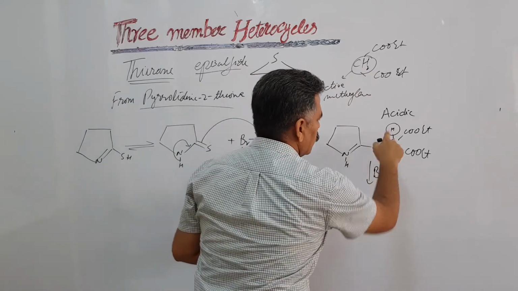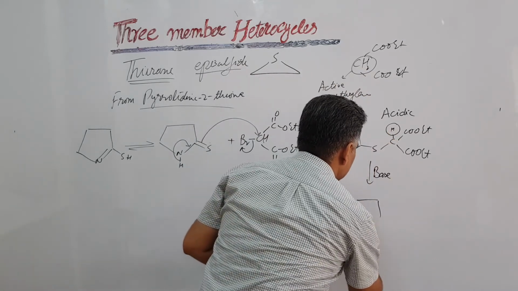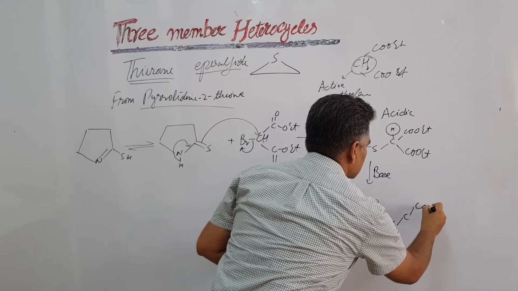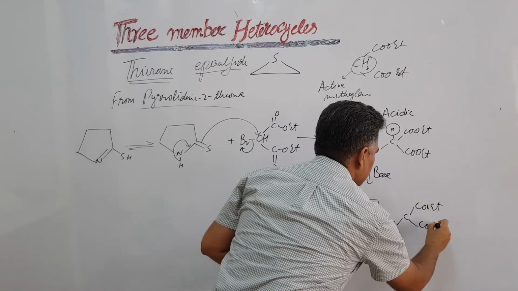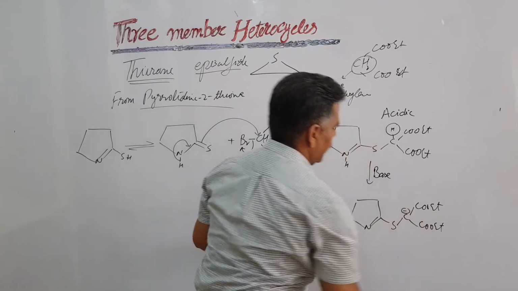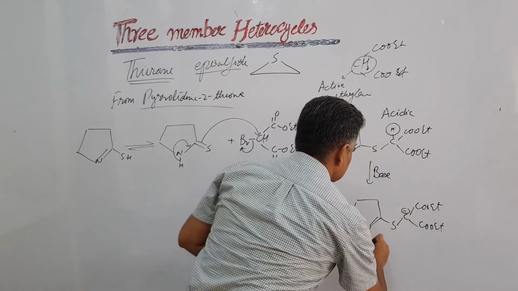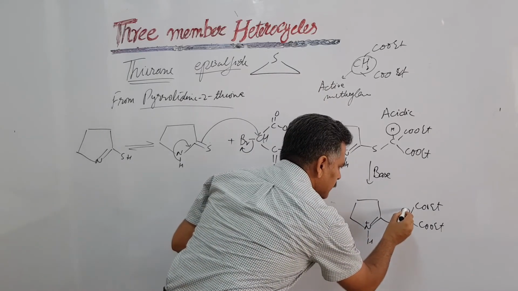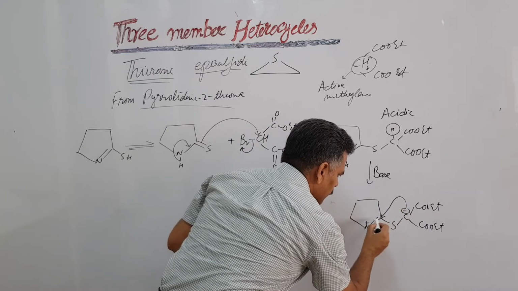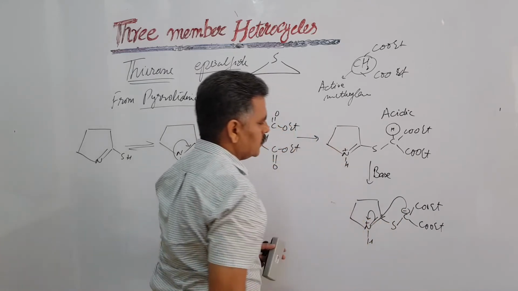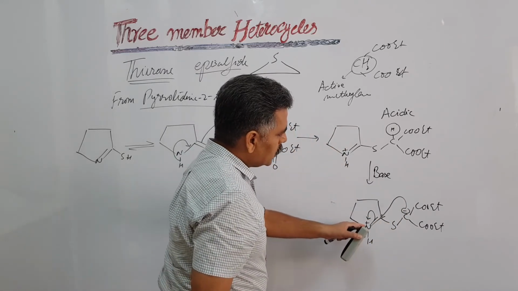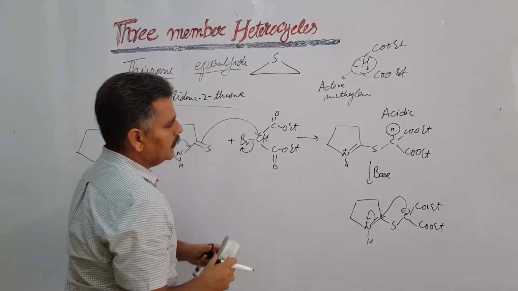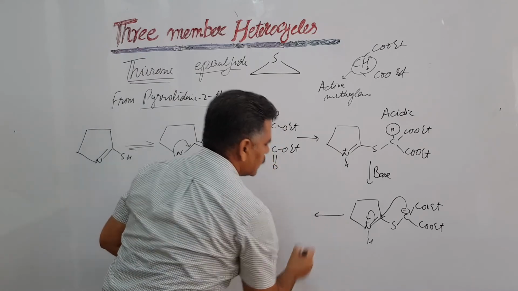So base removes this hydrogen, and we have S carbon, and here we have negative charge, here we have positive charge. So this negatively charged carbon then attacks at this carbon and double bond shifted to nitrogen, because this nitrogen donates its lone pair to facilitate the attack of this pi electrons at alpha carbon.